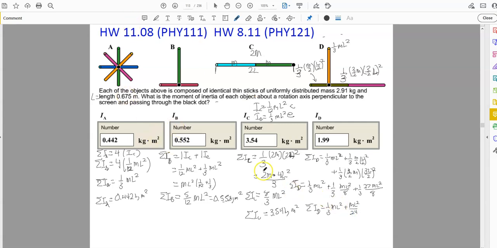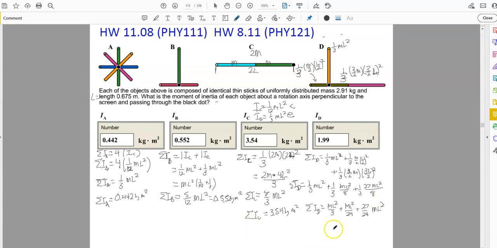Actually, I'm going to put this in the same format: ML squared divided by 3, ML squared divided by 24, which is 8 times 3, and this is going to be 27/24 ML squared.